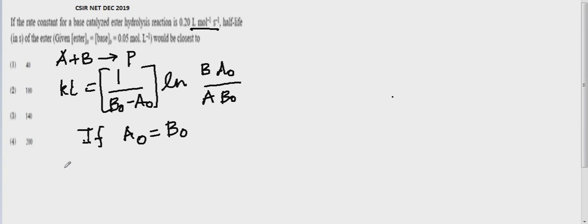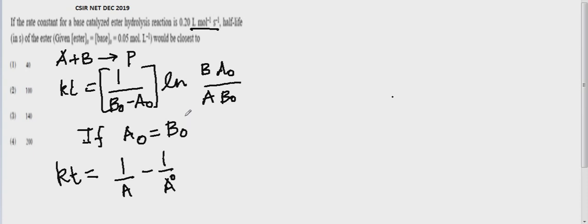It is given by kt is equal to 1 by A minus 1 by A naught. This is the expression, you can use it. From this you can automatically deduce the half-life.